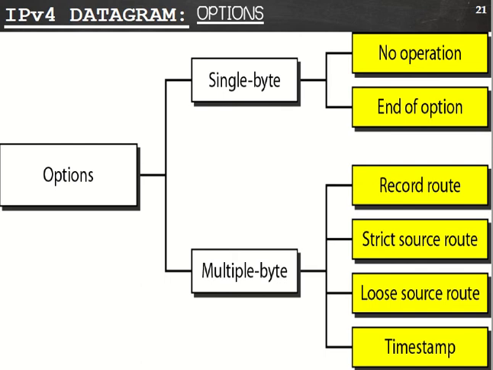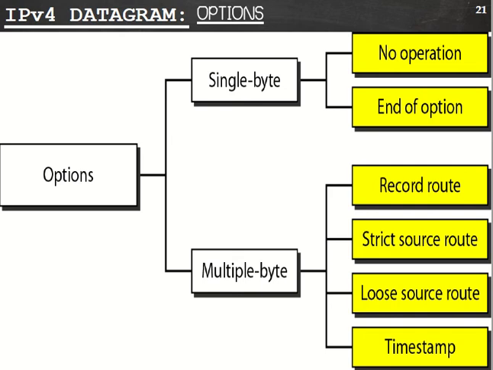As you can see, there are four different types of multiple byte options available. One is record route, second is strict source route, third is loose source route, and the final one is timestamp. The first one is record route.